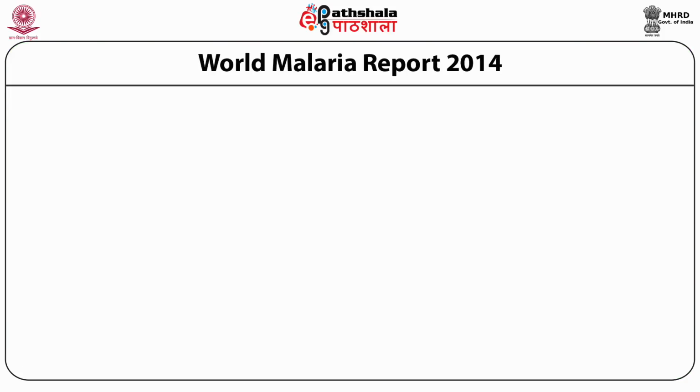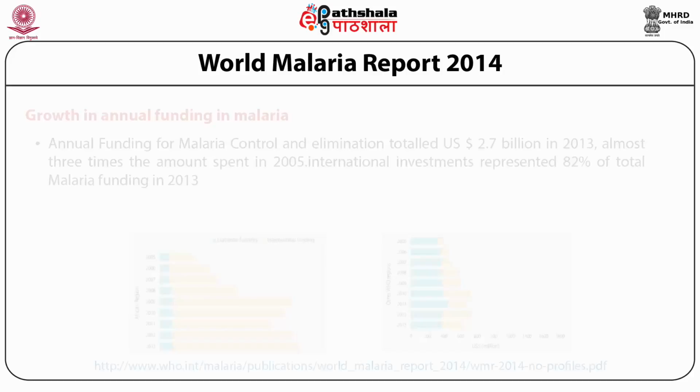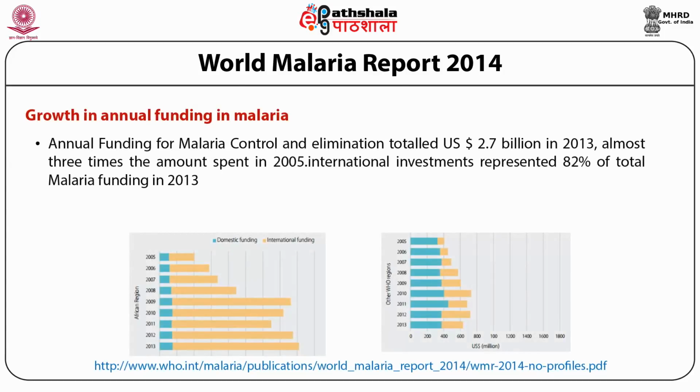If we see the trends in domestic and international funding, as released by the World Malaria Report 2014, the total annual funding for malaria control and elimination programs globally was estimated at around $2.7 billion in 2013, which is about 3 times the amount spent in 2005.